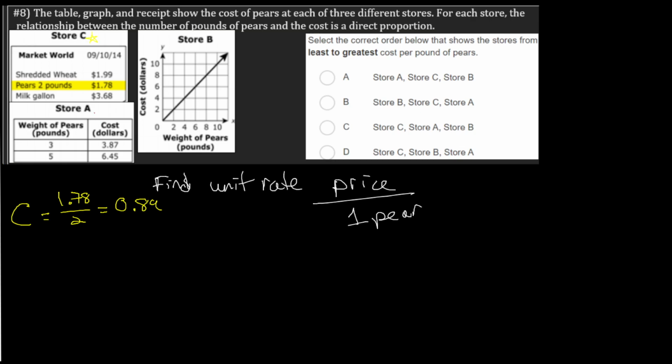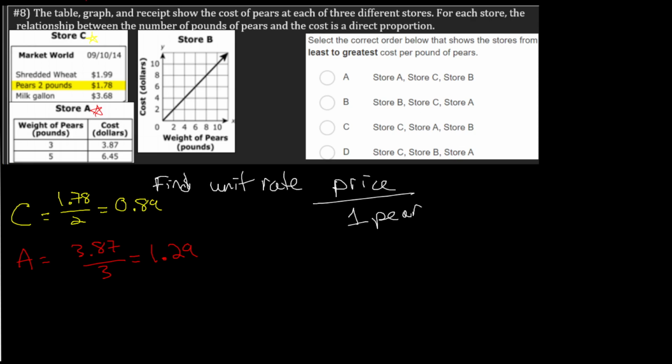For store A, it says $3.87 for every 3 pounds. So if I divide that out, I should get $1.29 for each pound. So 89 cents versus $1.29.